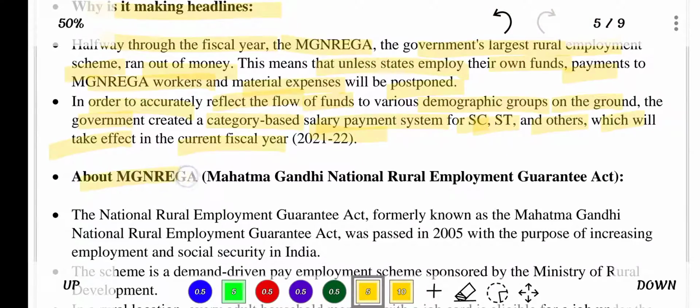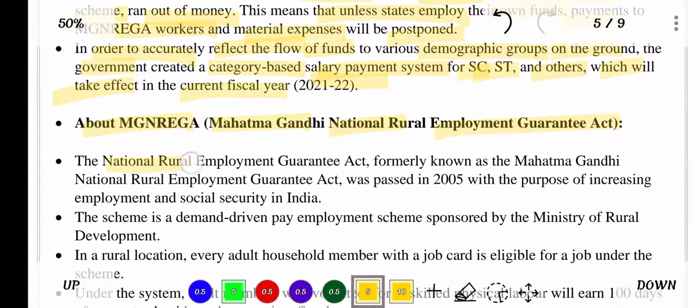About the MGNREGA, Mahatma Gandhi National Rural Employment Guarantee Act. The Act was passed in 2005 with the purpose of increasing employment and social security in India.